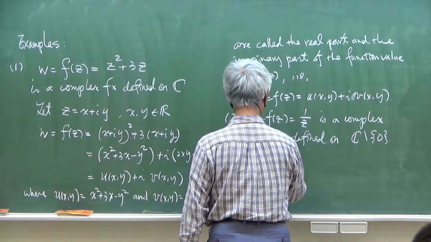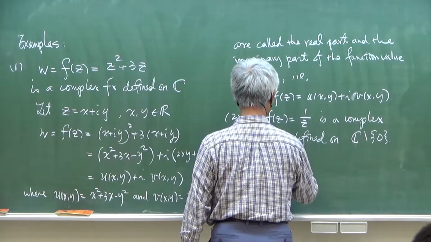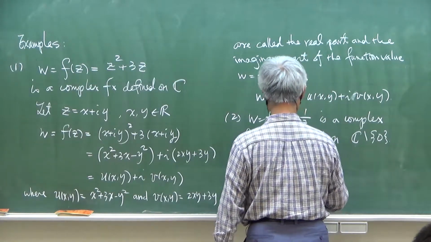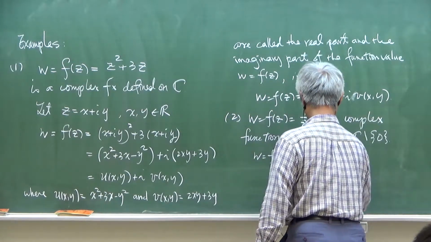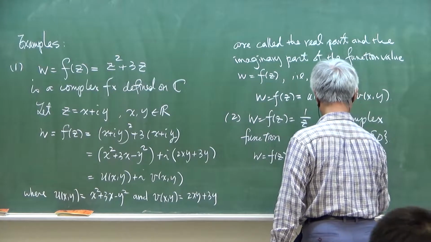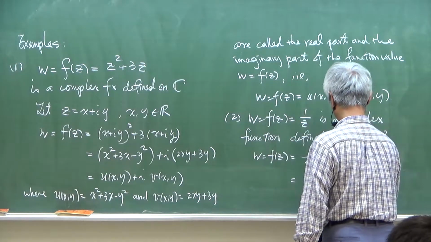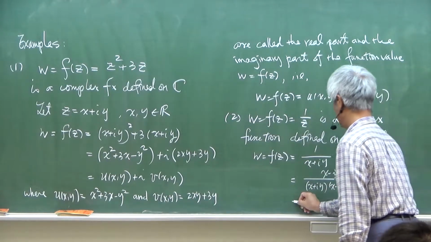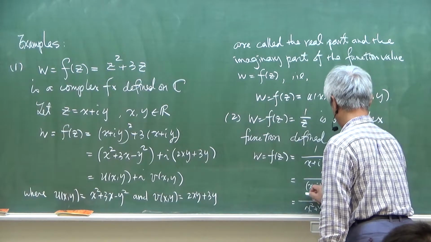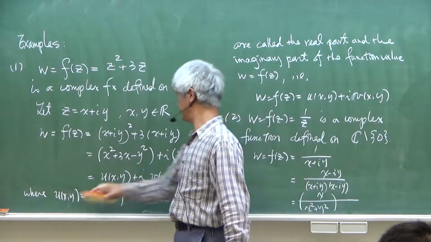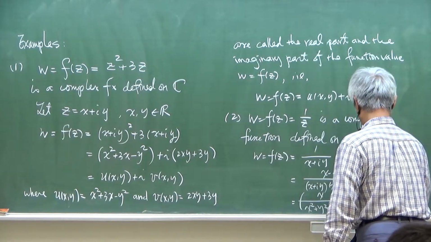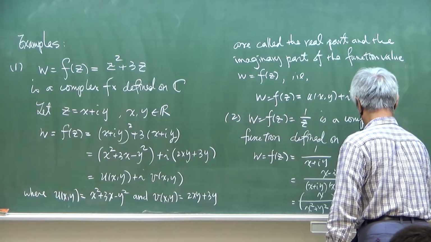So here we have W equals 1 over Z, where Z is x plus iY. Finally we have x over x squared plus y squared, plus i times minus y over x squared plus y squared.